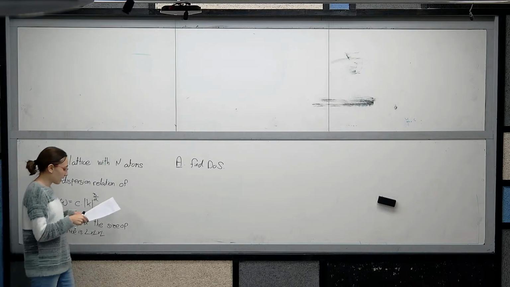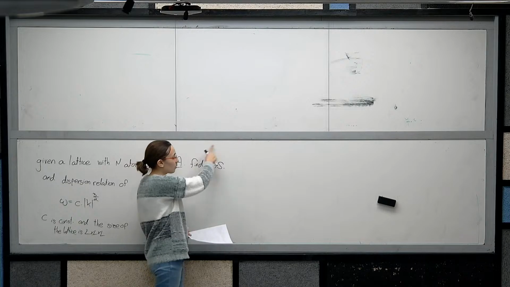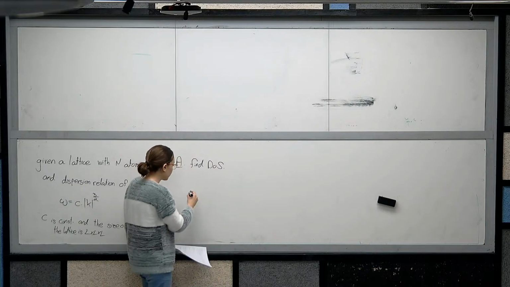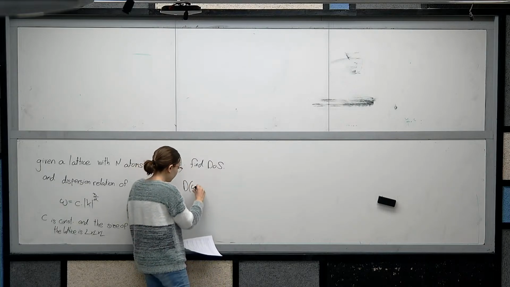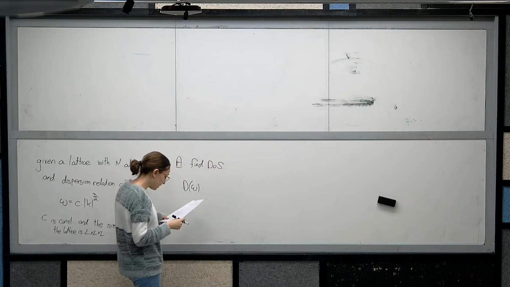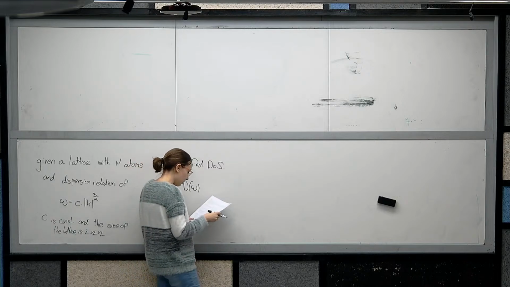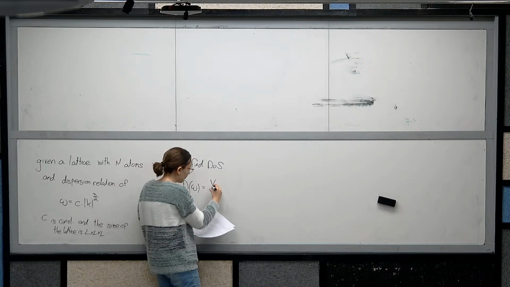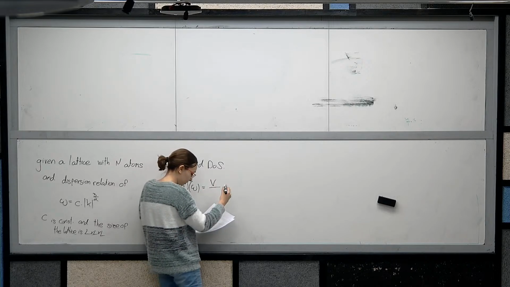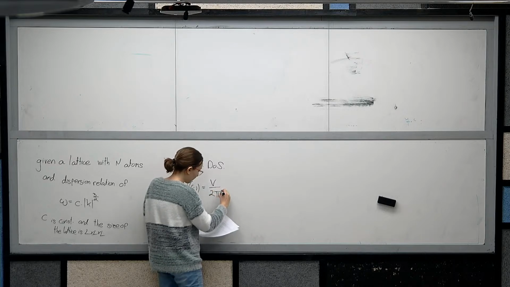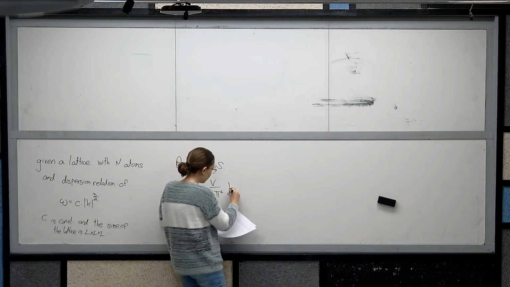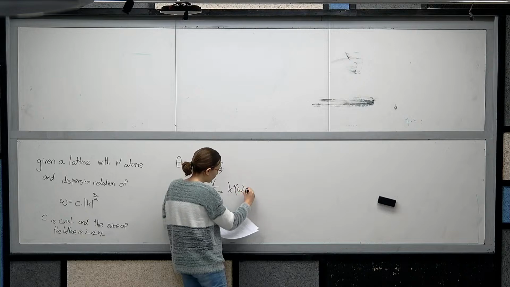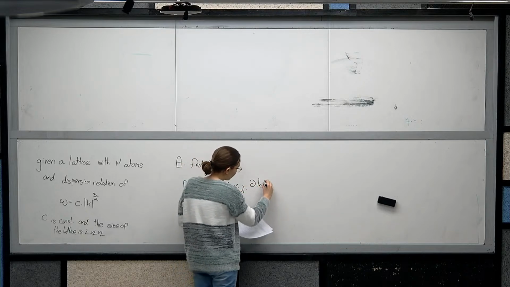We know that we can find the density of states with V divided by 2 pi squared, k squared times the derivative of k relative to omega.